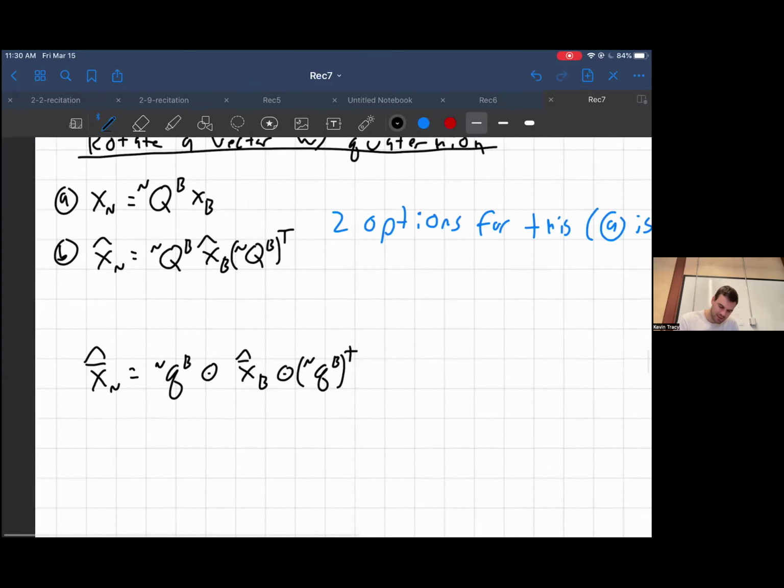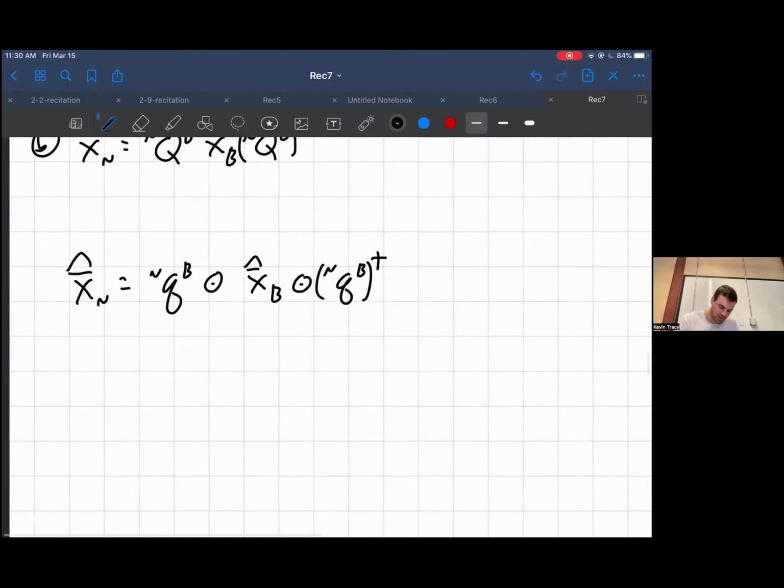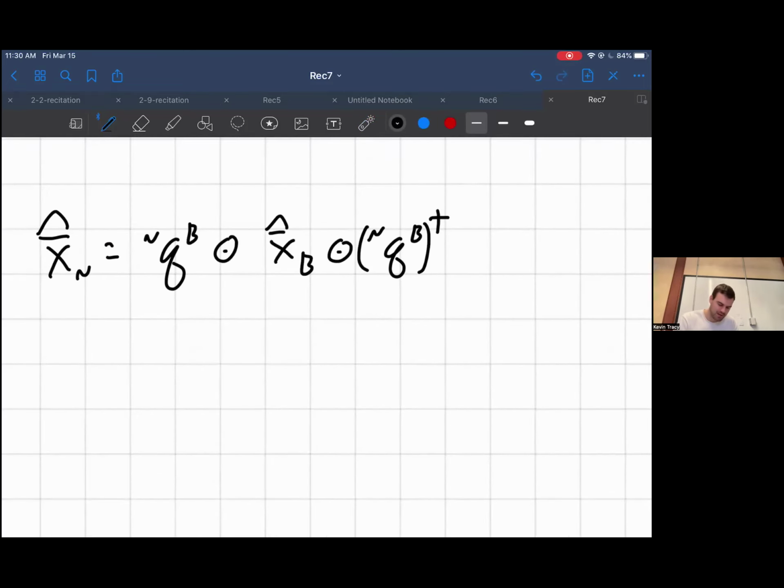You see how everything that I did in rotation matrix math, I did here in quaternion math. And now let's convert everything into our matrix math. So this is H.